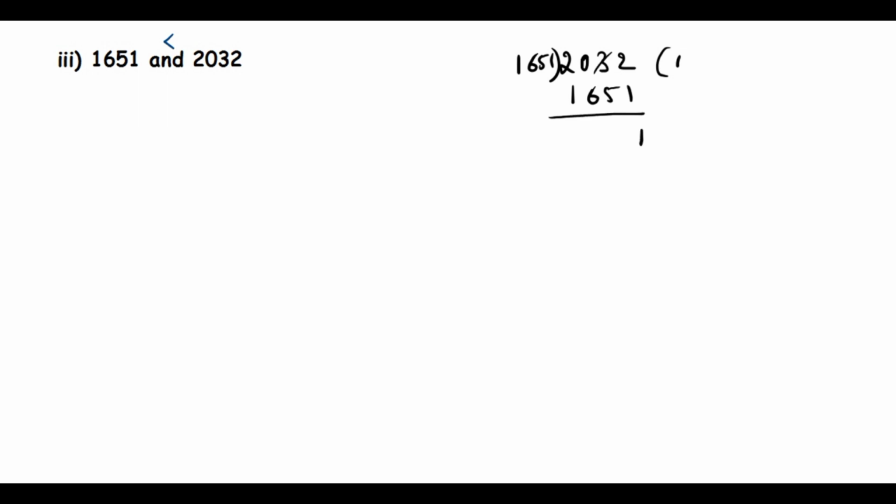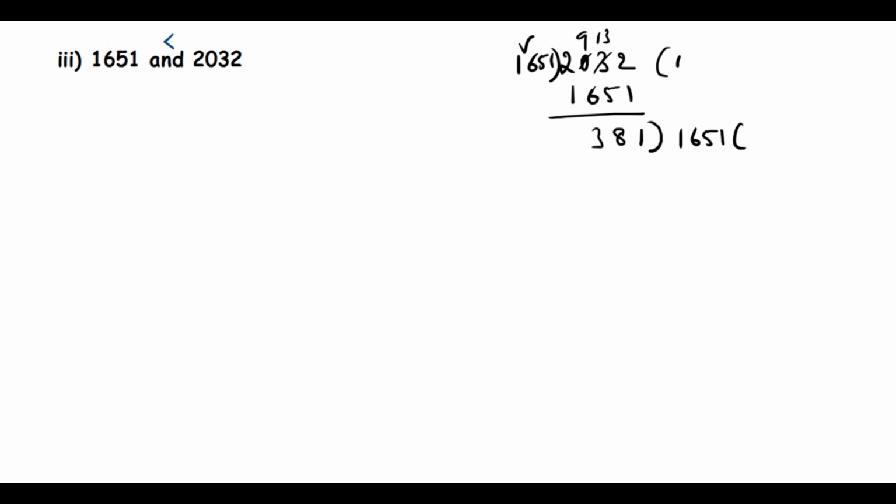Take a borrow, 13 minus 5 is 8, and 9 minus 6 will get 3. So 381 you will get here. Then the next one: with this 381 we should divide 1651.